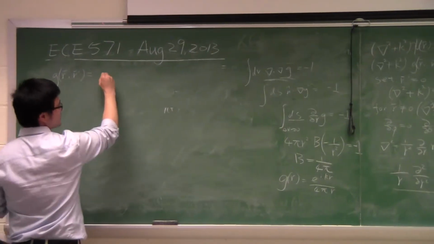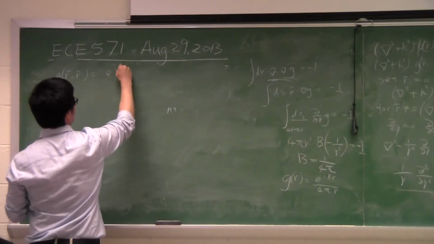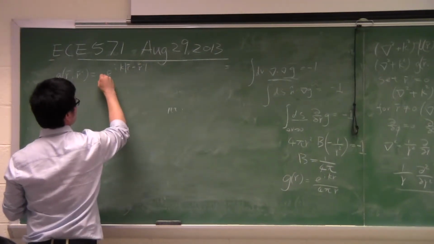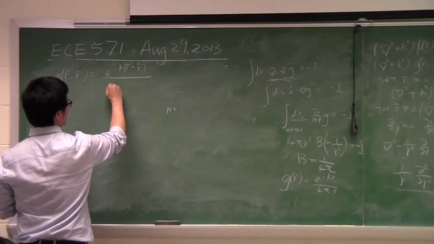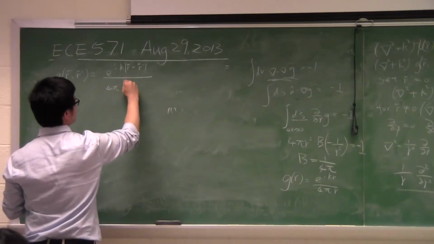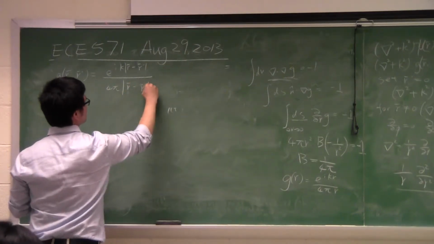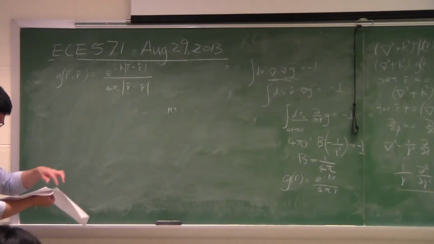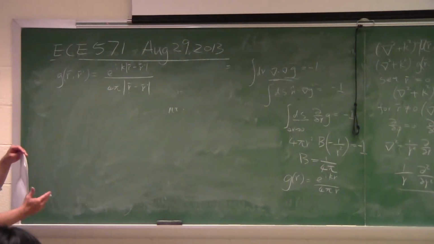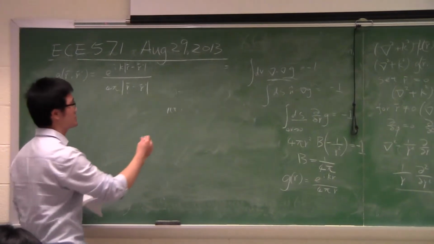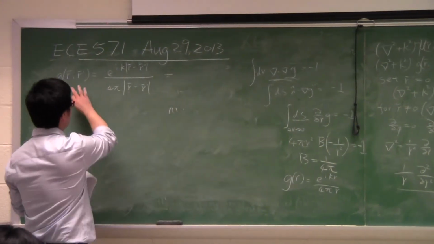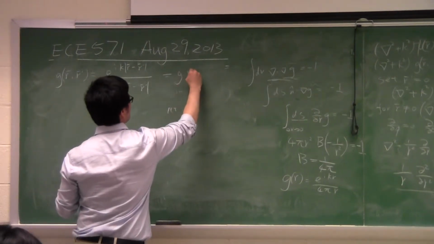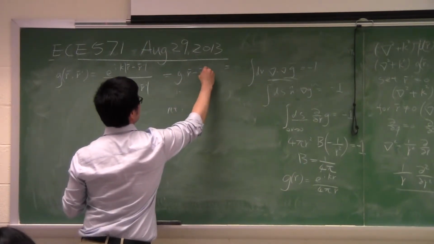So this will just become e to the ik times the distance between r and r prime, over 4 pi times the distance between r and r prime. And we can see the scalar Green's function only depends on the distance between these two, so we can also write this as G of r minus r prime.